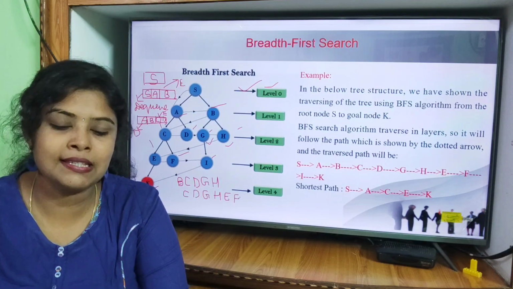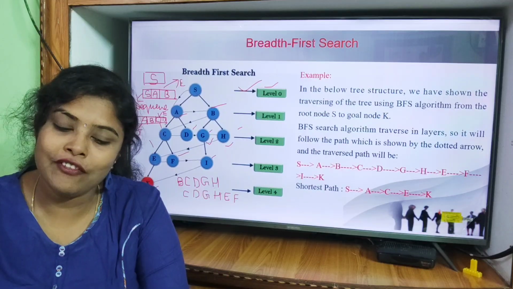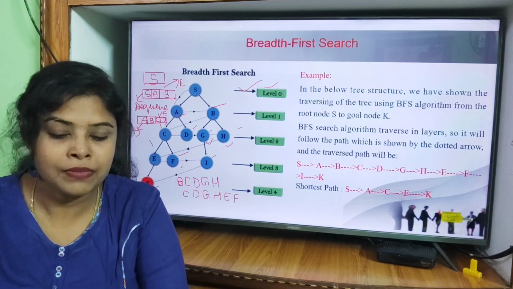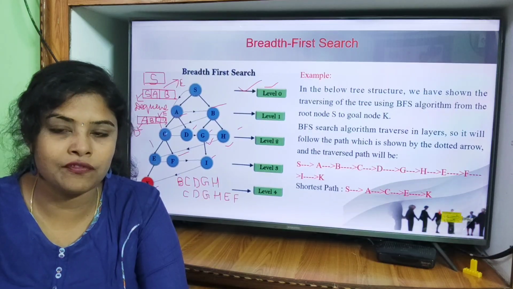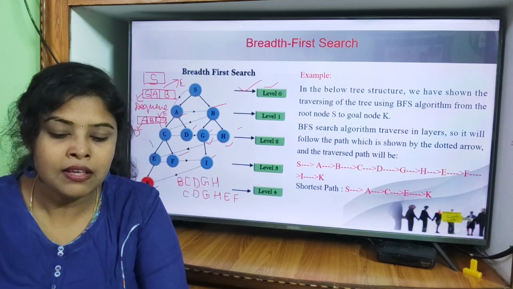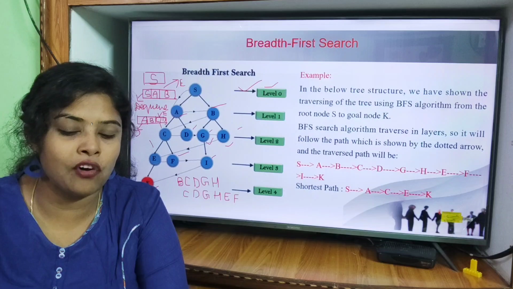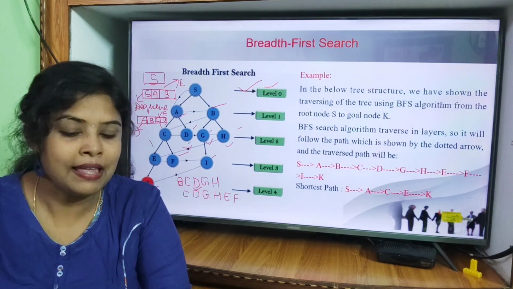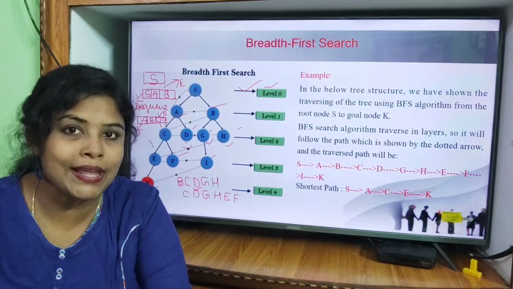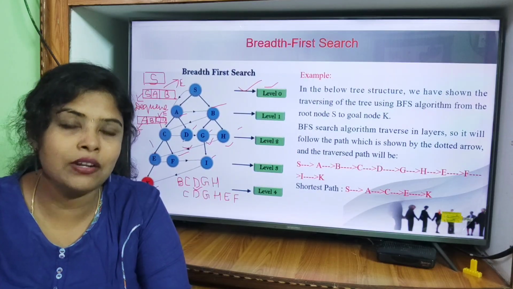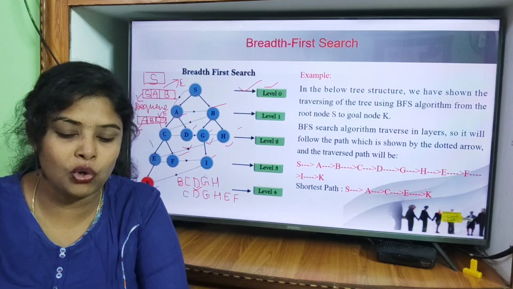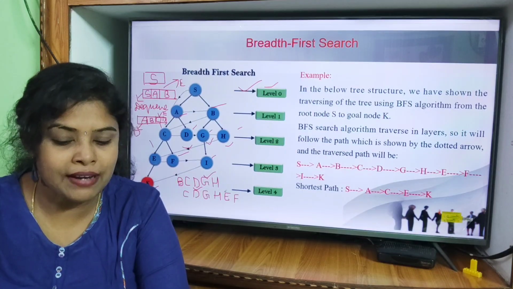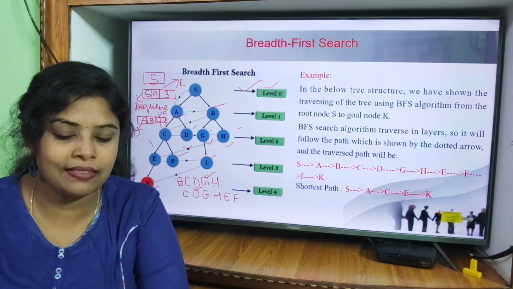Now I need to check if E and F are the only children in the level. E and F are the successors of C. I have already done that. So after dequeuing C, I need to check for the next element, which is D. But D has no successors. Therefore, I need not explore the successors of D. I need to go to the next element in the queue, which is G. G has one successor, therefore I need to add I in the queue.